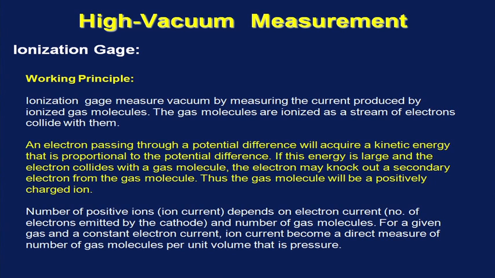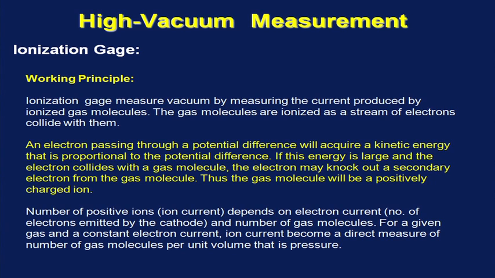Number of positive ions, in other words ion current, depends on electron current, that is the number of electrons emitted by the cathode, and the number of gas molecules, because the number of electrons and the number of gas molecules will decide the number of collisions that can take place.